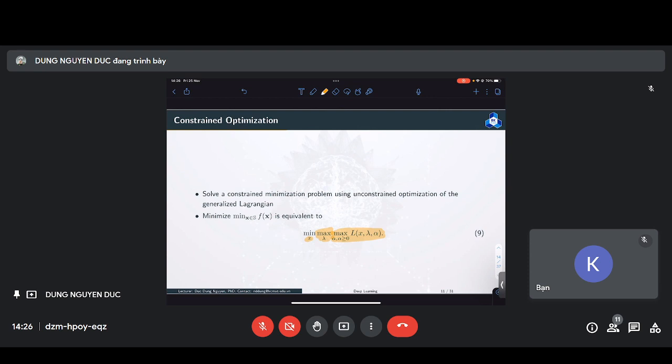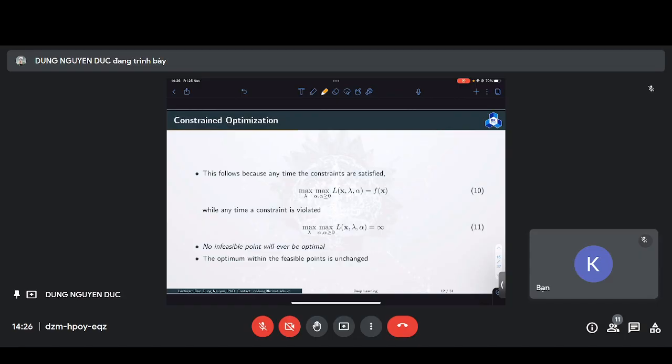All right. This is so important. If a constraint is violated, then the maximum of that Lagrange equation over alpha and lambda will be infinity. So the Lagrange equation must always satisfy the constraint you employ on the problem. You cannot escape from that constraint.